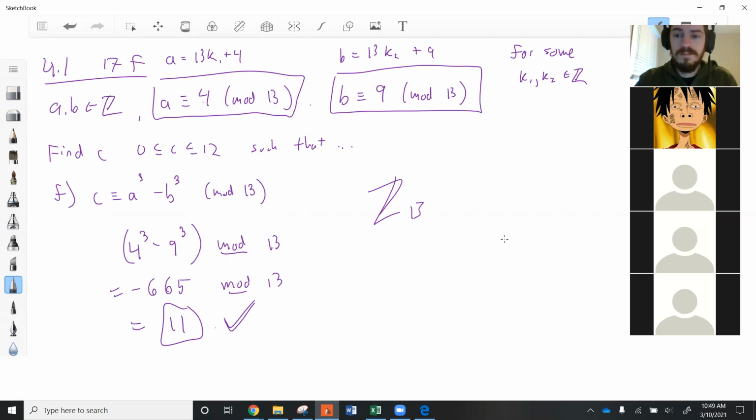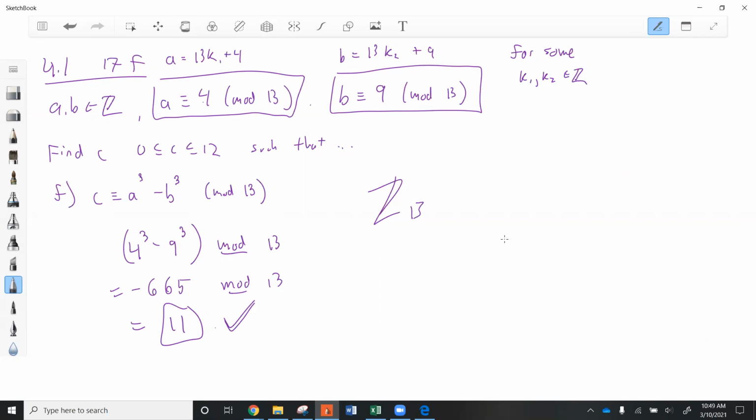So what's the difference between congruence and equality again? Congruence means that they are in the same class, but they're not the same number. For example, A doesn't necessarily equal 4, and B doesn't necessarily equal 9.